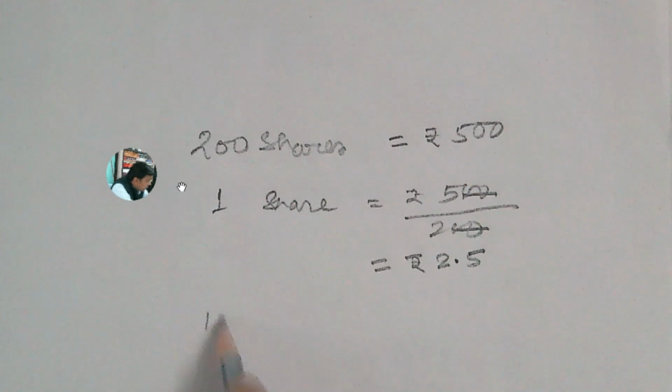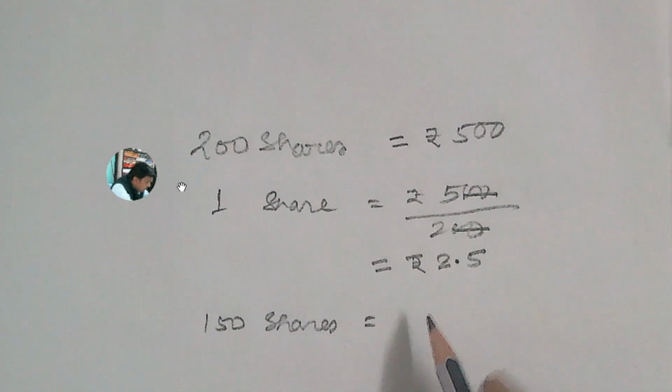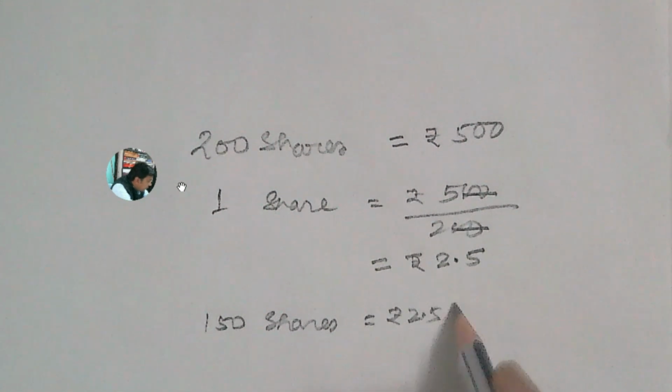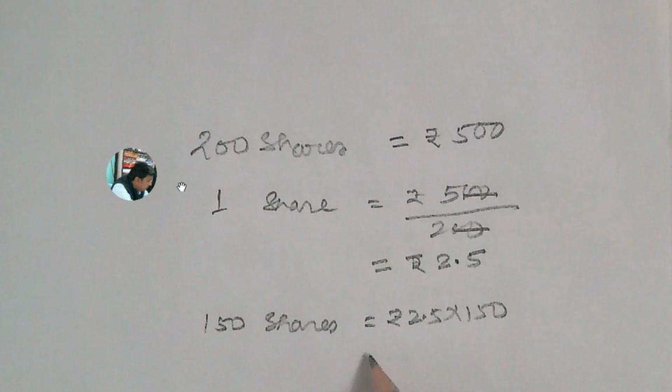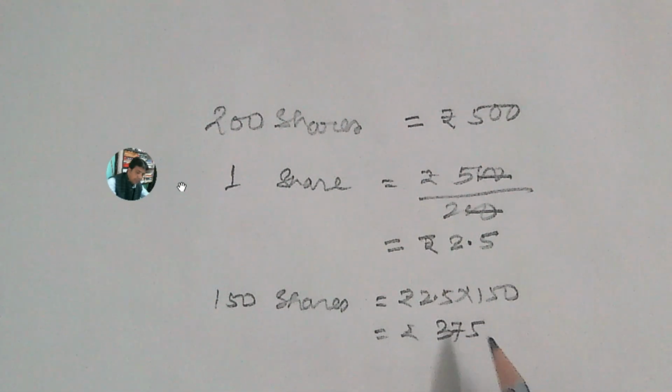Therefore, for 150 shares, as they are reissued, rupees 2.5 into 150 equals rupees 375.